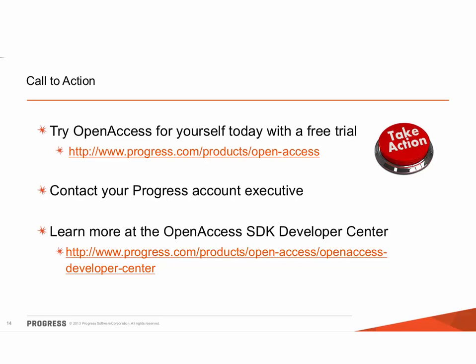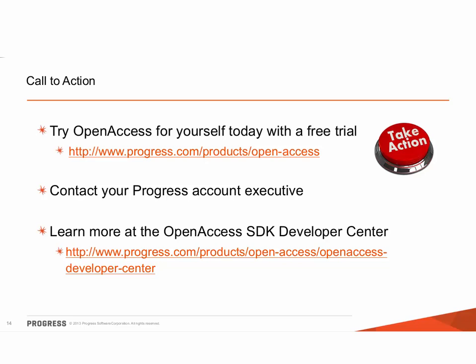Okay, thanks, Brent. The next question in the chat is, do you have any performance benchmark data? I'll take that. So the answer is that we do not provide standardized performance benchmark data for OpenAccess, and the reason is actually pretty simple. The reason is because every deployment of OpenAccess is different.